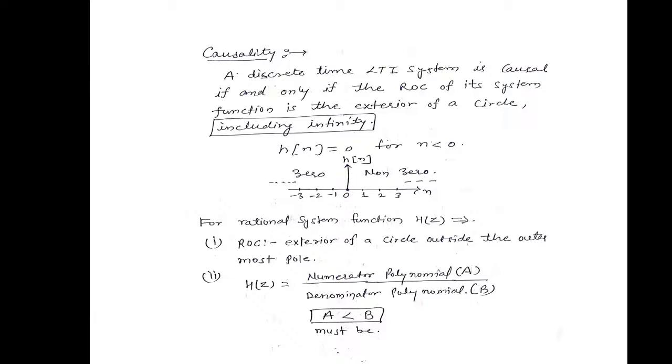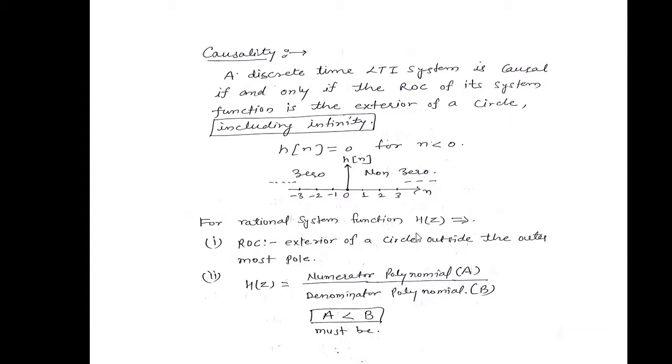So for the condition of causality, h of n must be 0 for n less than 0. We can define this condition like this. This is the time axis and h of n is defined only in this right sided part. h of n must be 0 when n is less than 0, then it will be a causal system.